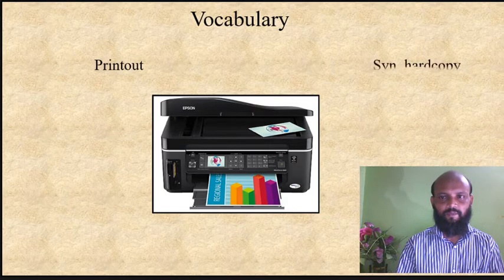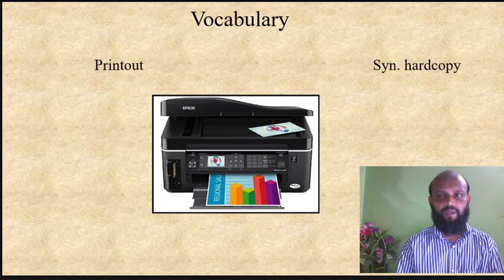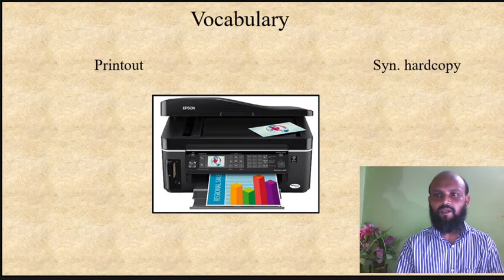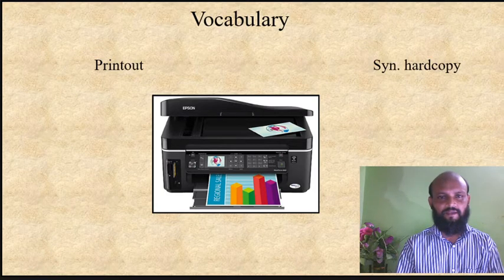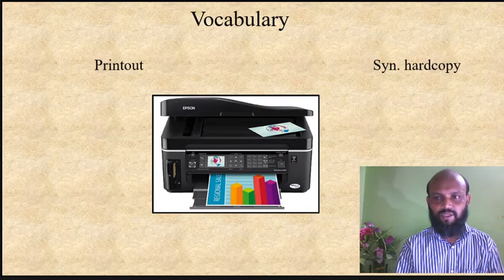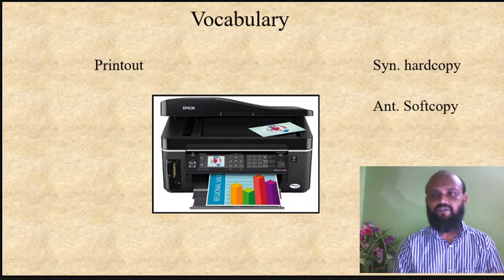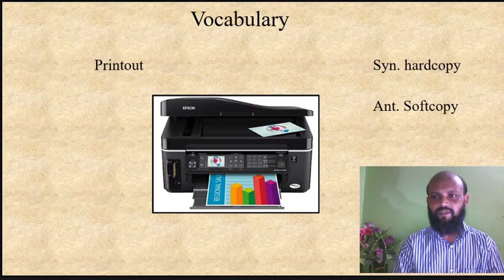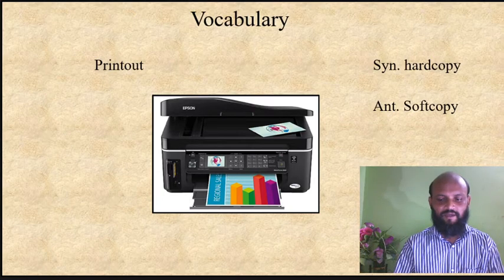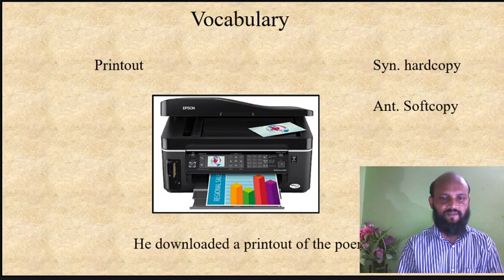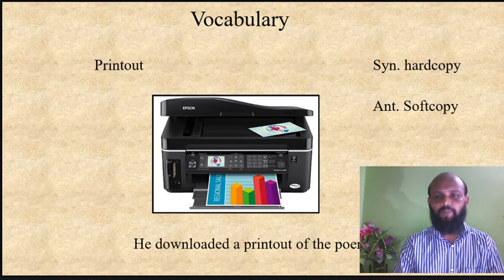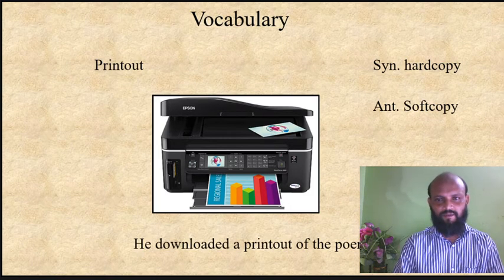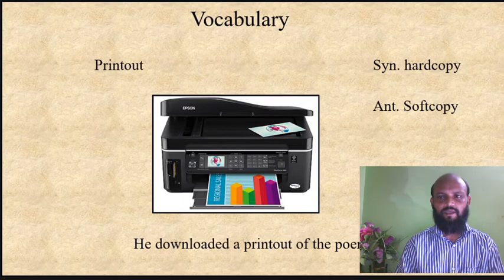You can say printout means hard copy, and the antonym is soft copy. Let's make a sentence: He downloaded a printout of the poem. You will see this kind of thing in this text.